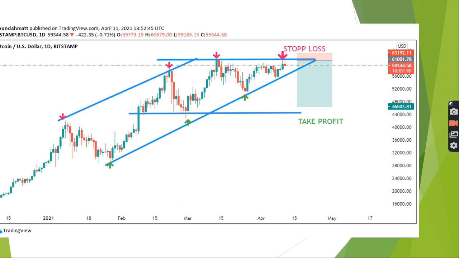Remember, I'm putting my take profit here, not exactly at support, but slightly before support, because price might not reach there like what happened previously. So I'm trying to be conservative here, trying to catch a few pips and take some profits.